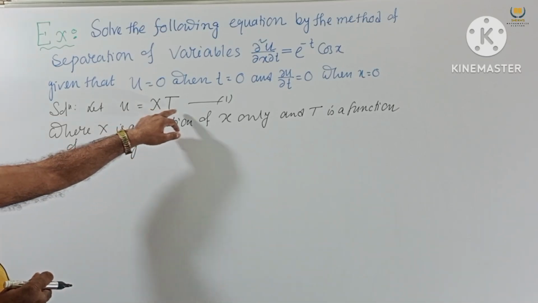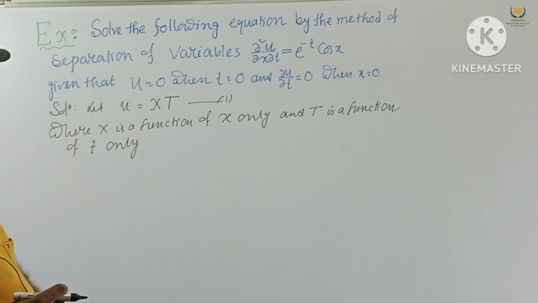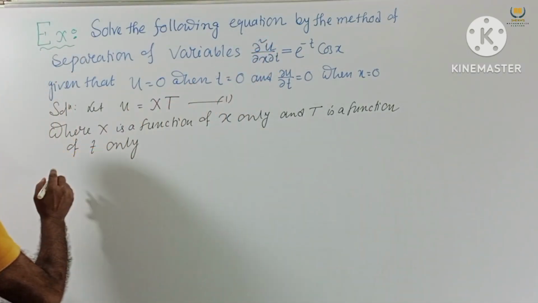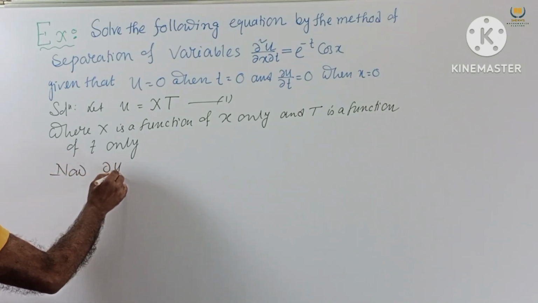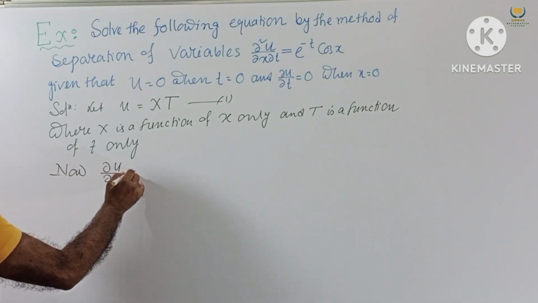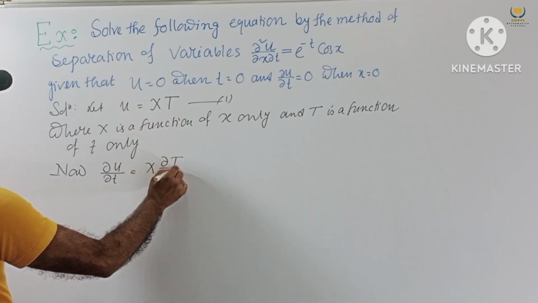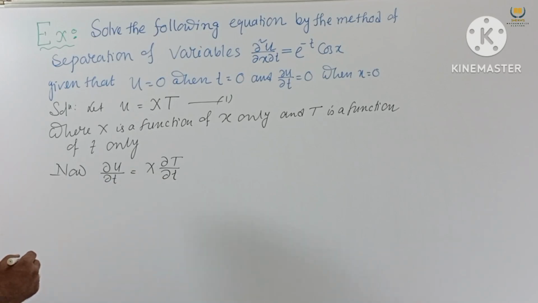Capital X is a function of x only, small x only, and capital T is a function of t only. Now in our problem, del u by del t was given. Now we differentiate partially with respect to t. Then X will be constant, X outside, del capital T by del small t.